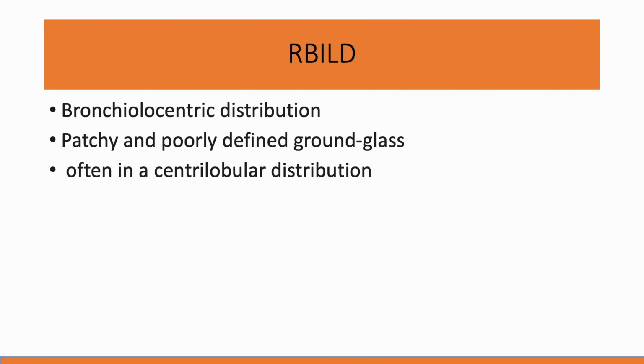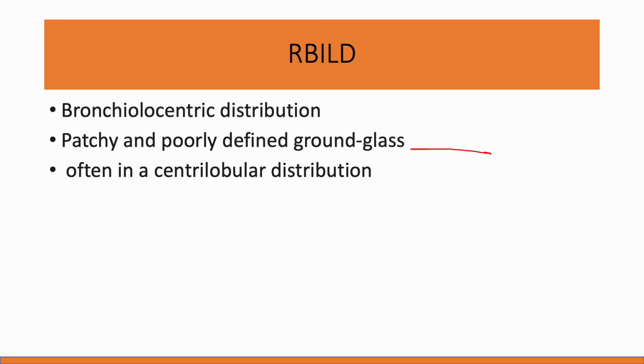The next pattern is the RBILD pattern, and RBILD or respiratory bronchiolitis associated ILD is again a pattern which is associated with bronchiolar-centric distribution with patchy and poorly defined ground glassing, often in centrilobular pattern.